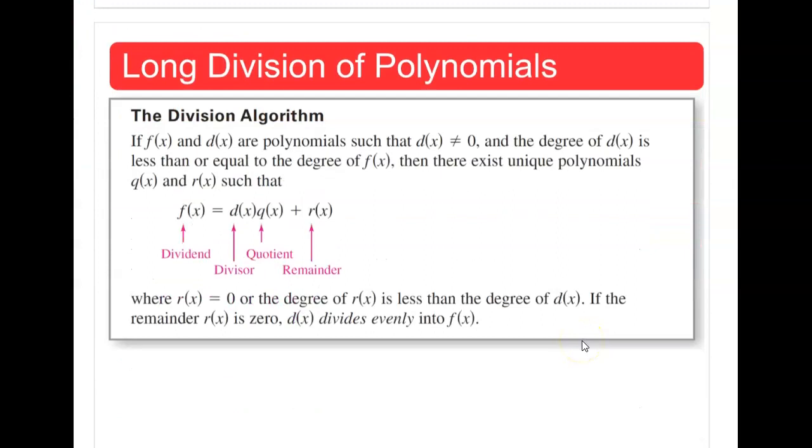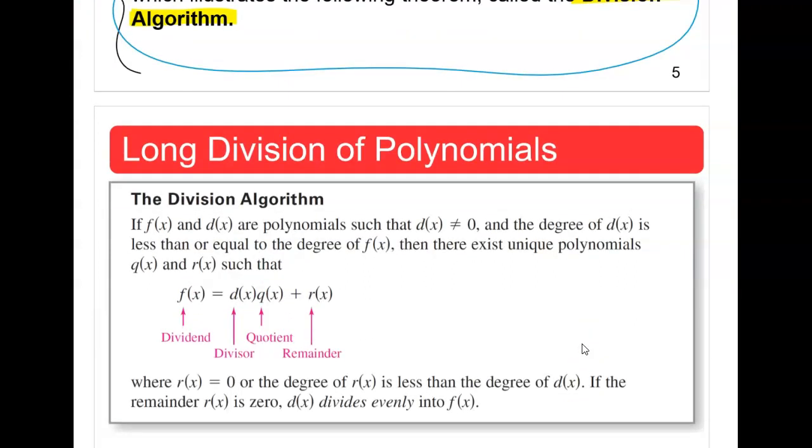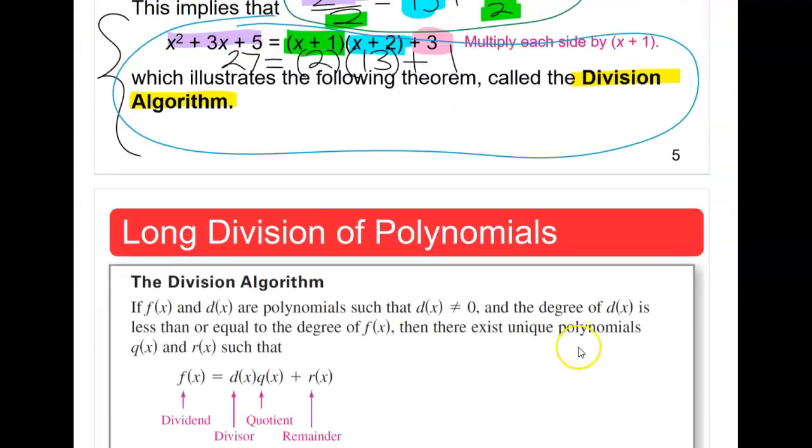Okay, the division algorithm in general terms. We have here x squared plus 3x, which was our dividend, the function that we take inside the division symbol. Then x plus 1, that was our divisor right here.